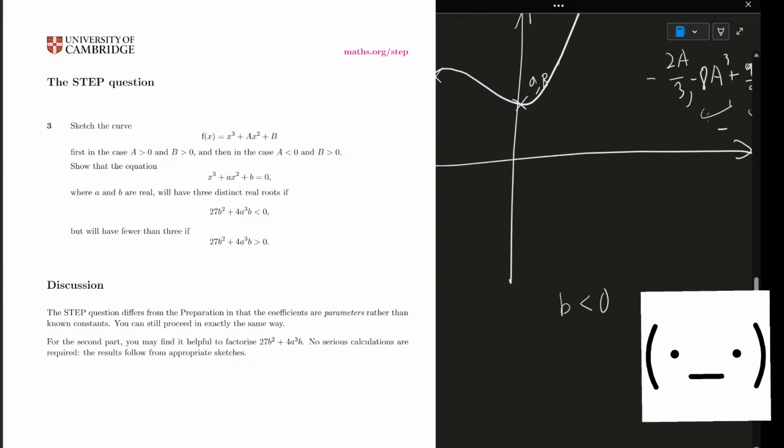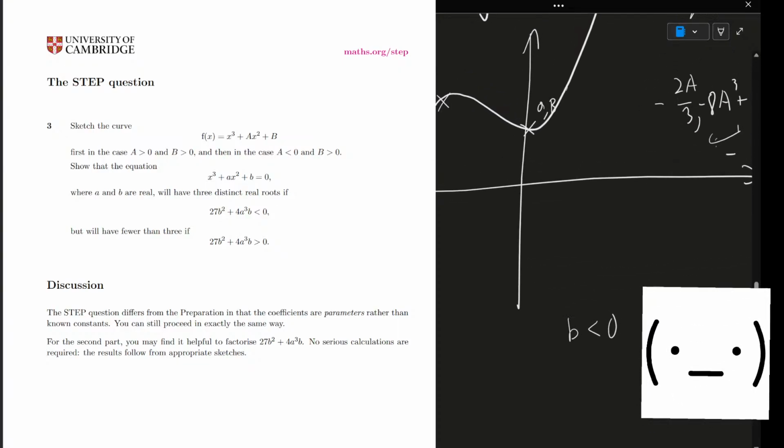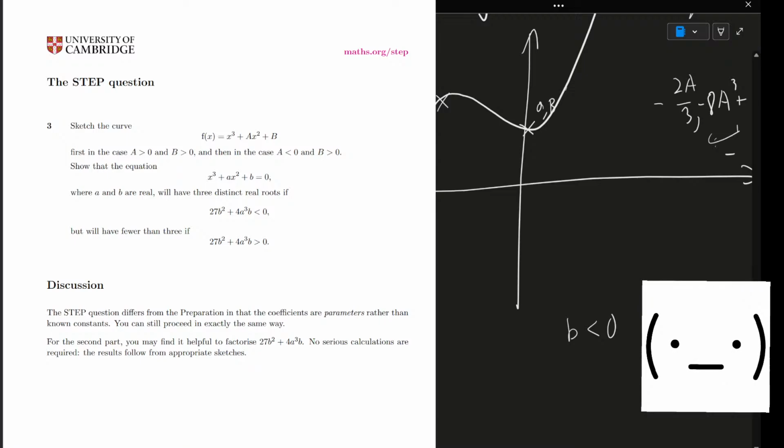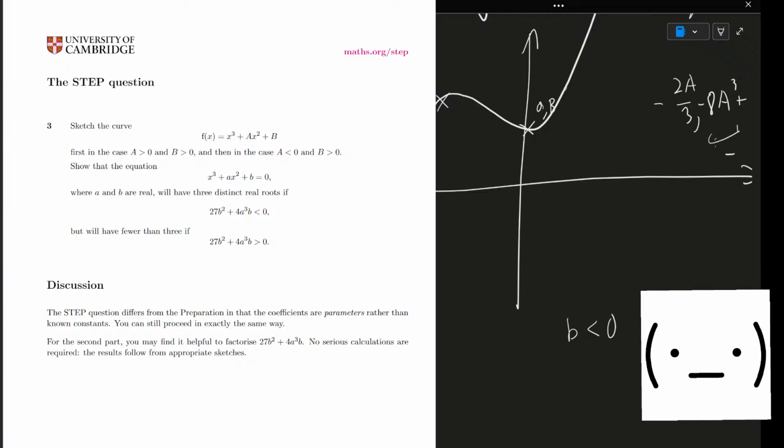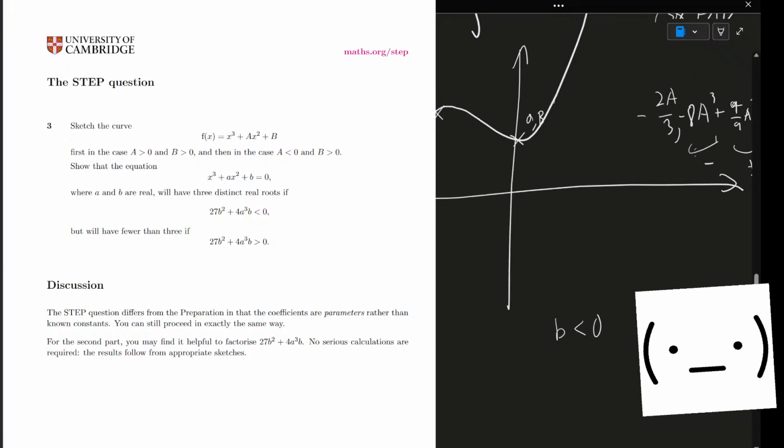And also if, then it stays above. So the second turning point stays above.